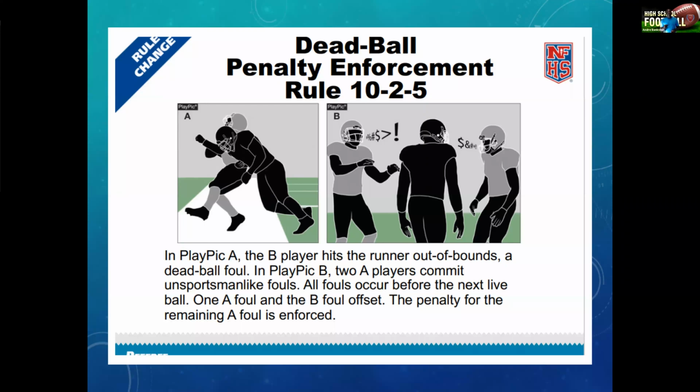So A was going to get a 15-yard penalty for unsportsmanlike conduct, versus if they would have just kept their mouth shut and let us do our job, then B would have got the advantage of the 15-yard penalty. But now they're going to get the disadvantage because they didn't let us do our job. And this happens all the time.